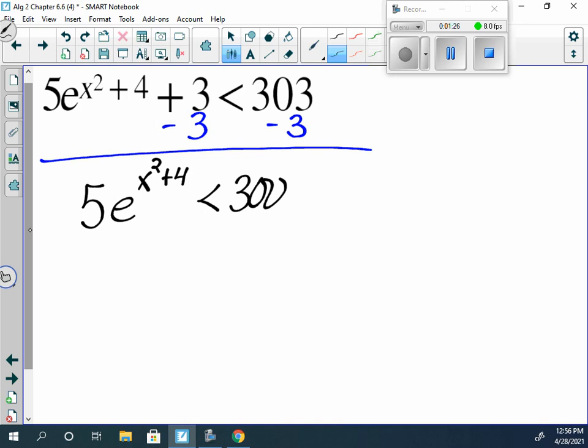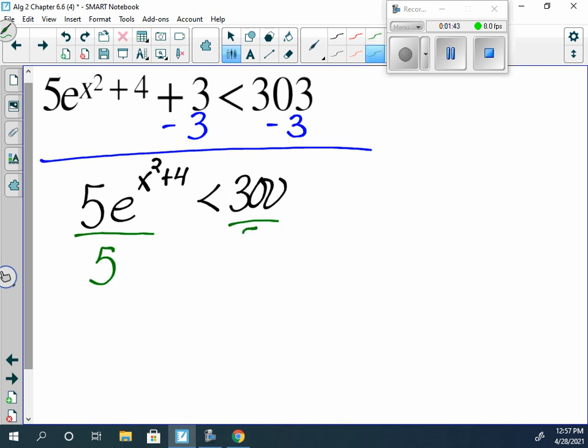Then what can we do next? I wouldn't do natural logs yet. I would divide by 5 first, because we want to get the e by itself.